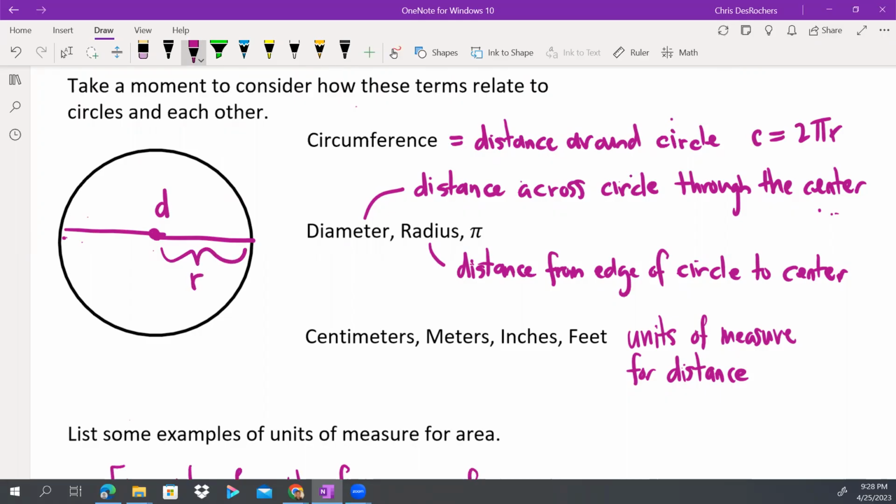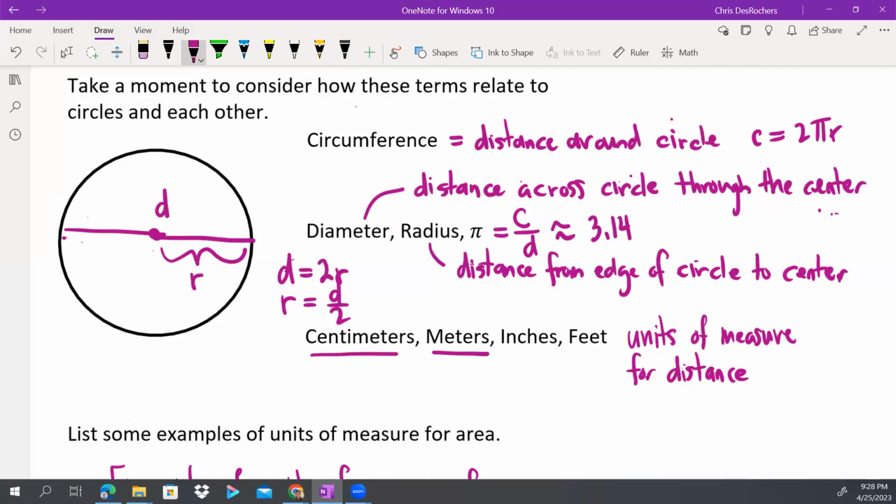There's a relationship between the diameter and the radius. The diameter equals 2 times the radius, and the radius equals the diameter in half, or half the diameter. Pi is a special relationship between the circumference C and the diameter, and it's approximately equal to 3.14. That is, the circumference is 3.14 times that of the diameter.